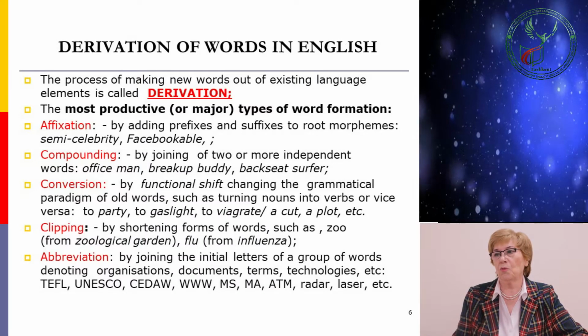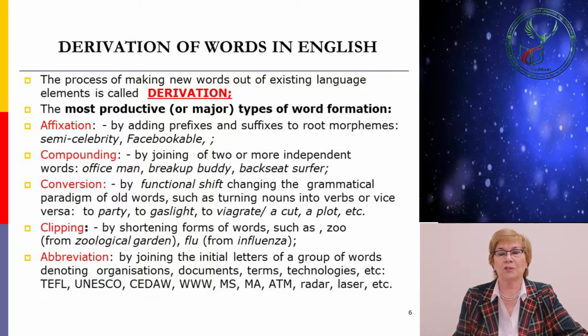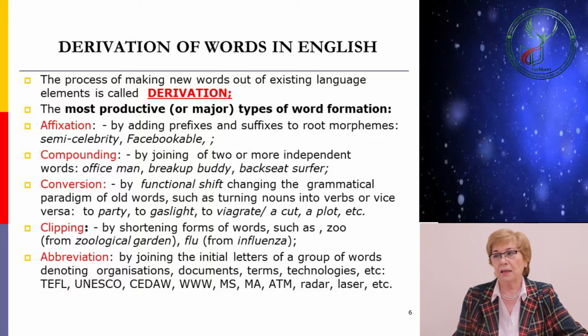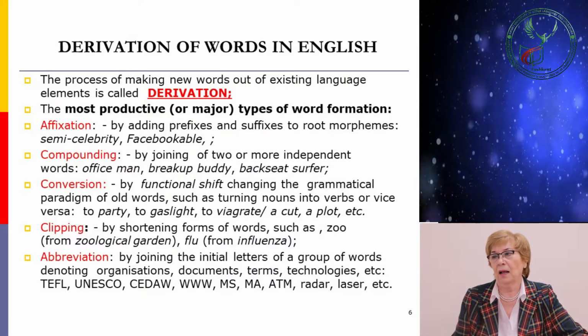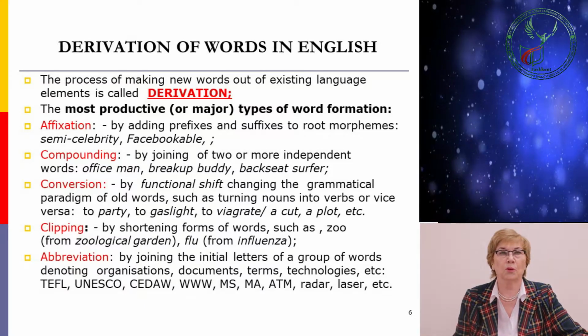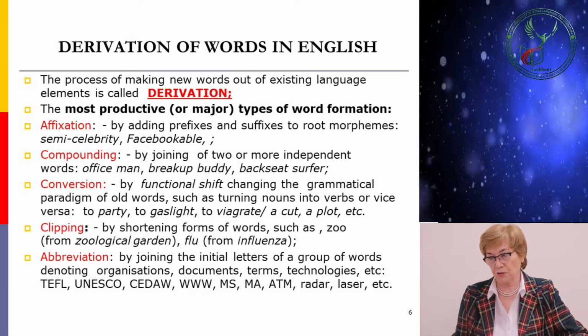Compounding, joining 2 or more independent words. Conversion, that is functionally changing of the grammatical paradigm of old words. Clipping, which is shortening, and such words as zoo, flu, prof, exam, they are very popular in conversational English, of course.